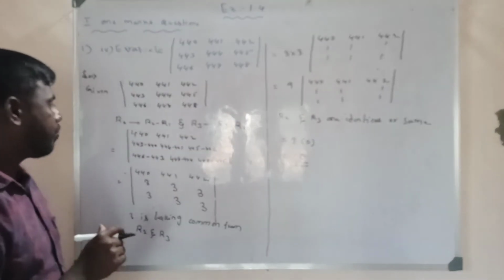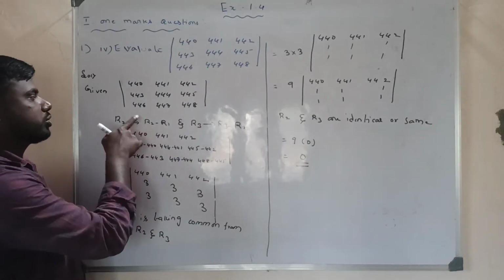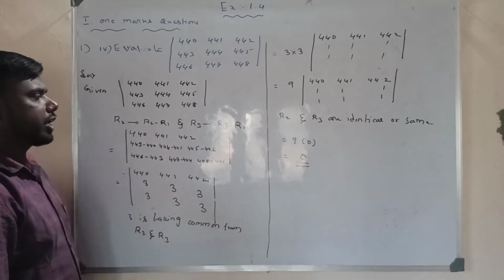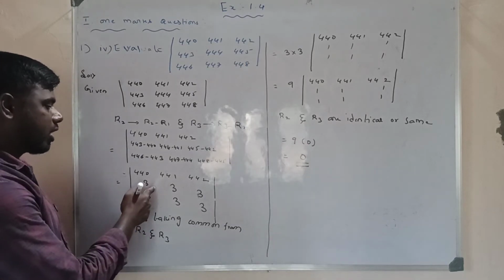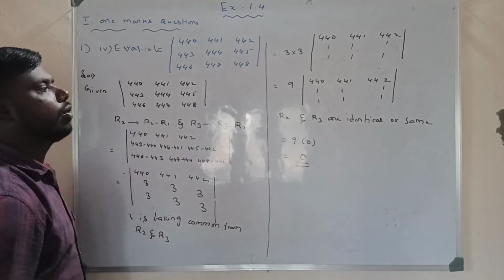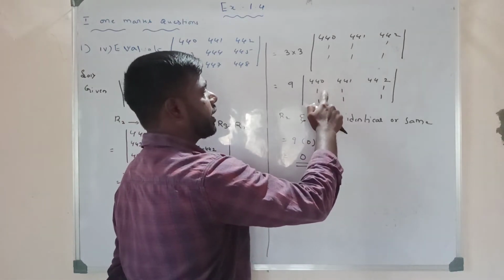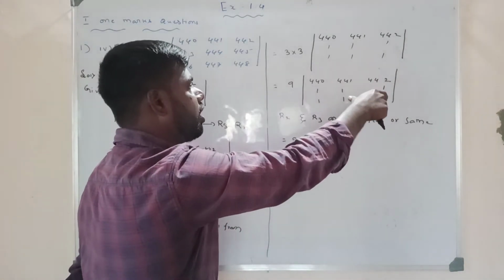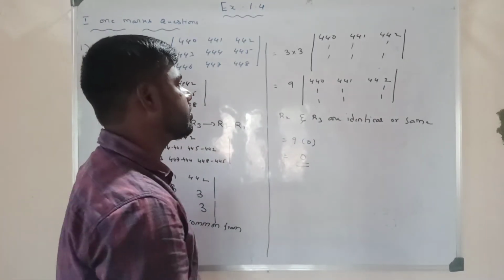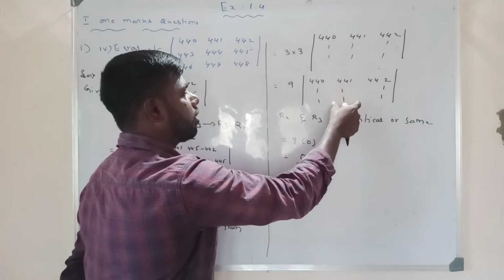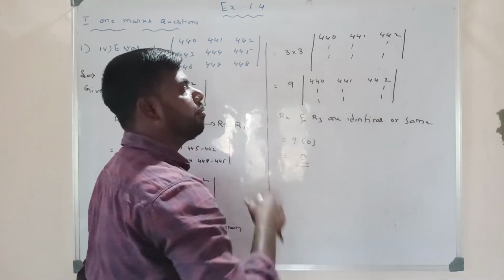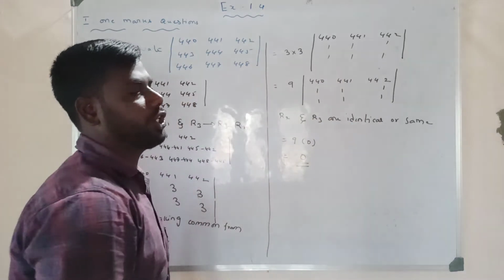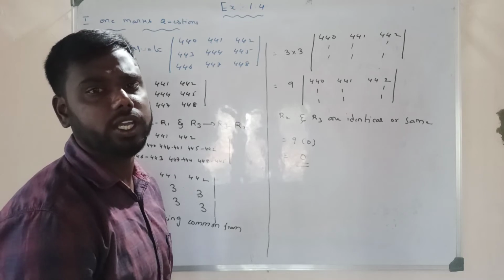Here, by using the row operation, the second row changes to second row minus first row, and the third row changes to third row minus second row. After that, 3 is taken common from the second and third rows. The second and third rows are identical, so the determinant value is 0, and 9 into 0 is 0.